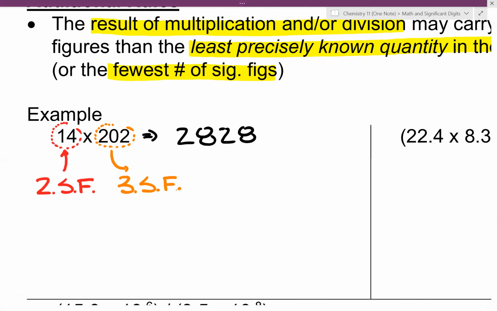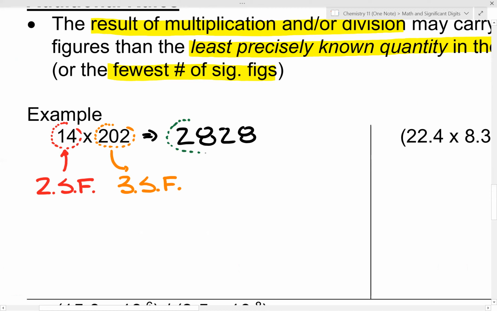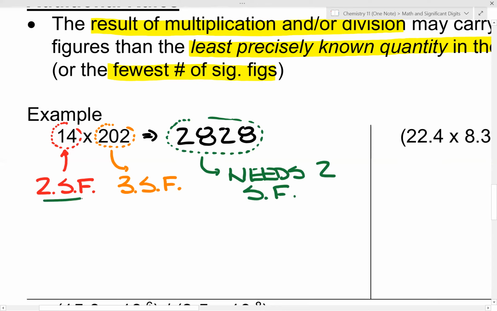So what happens in this case is this number needs 2 sig figs so that it will match up here.